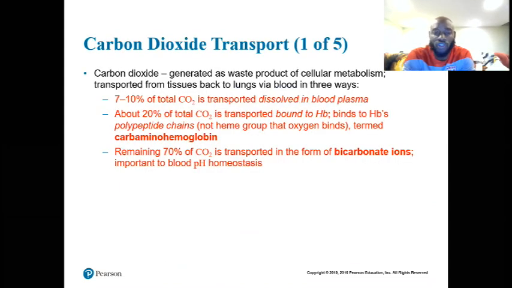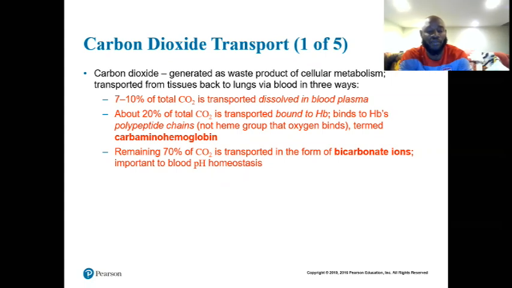Carbon dioxide is also transported by your blood. Remember that carbon dioxide has to get from your tissues through your blood, and we have to breathe it out of your lungs. 7 to 10% of total carbon dioxide is transported dissolved in your blood plasma, which is higher than your oxygen. 20% of your total CO2 is transported bound to hemoglobin.